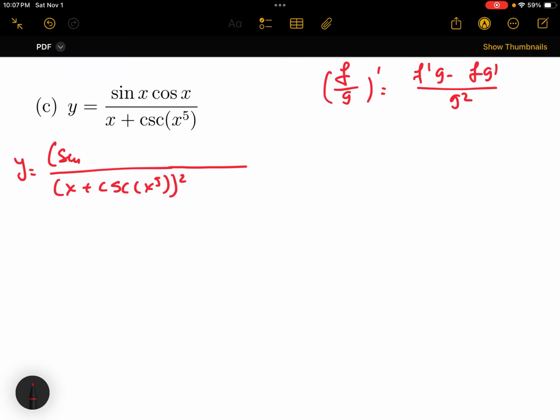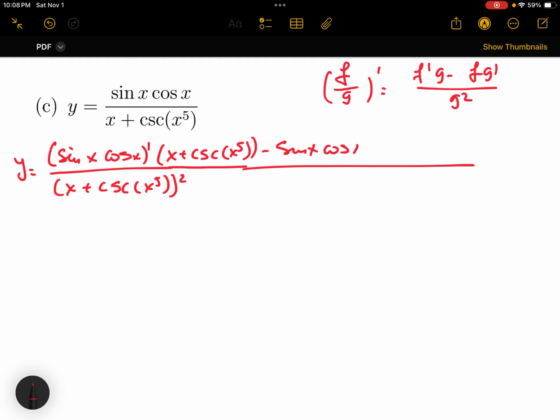Derivative of sine x cosine x times the denominator x plus cosecant of x to the power 5, minus the numerator sine x times cosine x times the derivative of x plus cosecant of x to the power 5, is equal to.